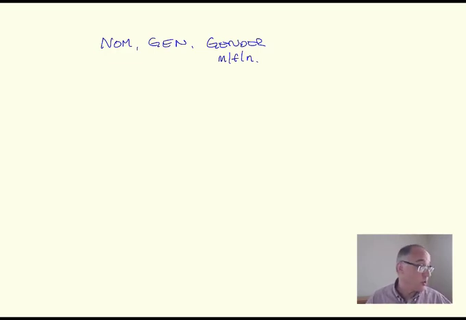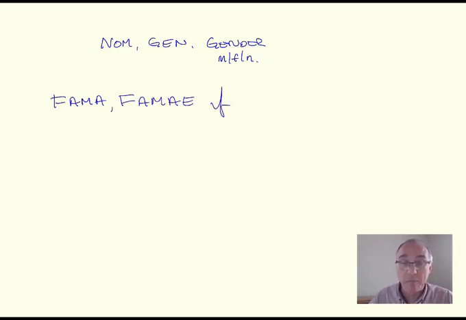In other words, the first word that's listed in your book is fama, and I'm looking on page 17. Fama, famae, feminine. What this means is this is the nominative, this is the genitive. In other words, it gets you going. Fama, famae, famam, fama with the macron, famae, famarum, famis, famas, famis.